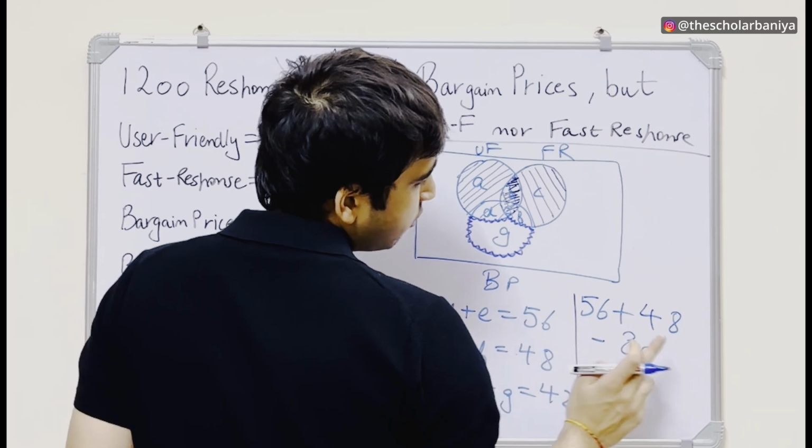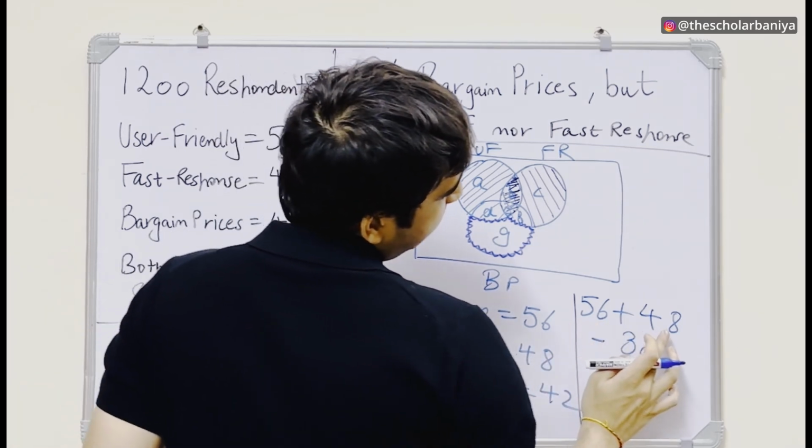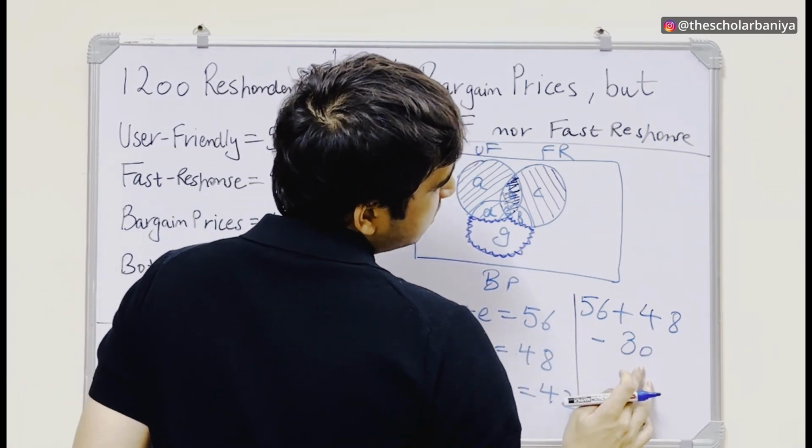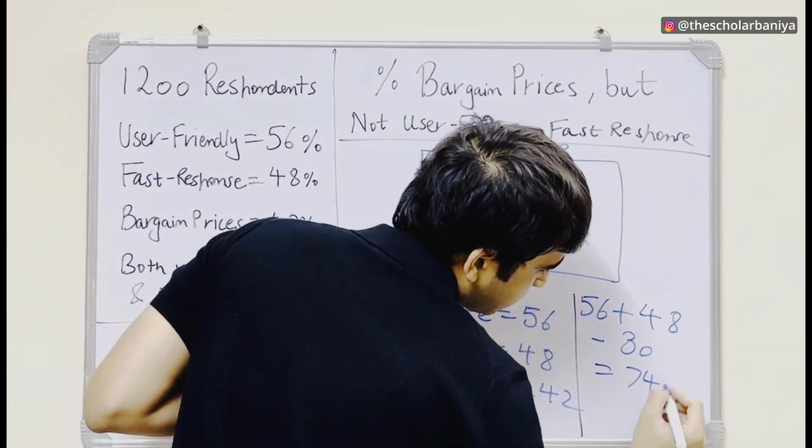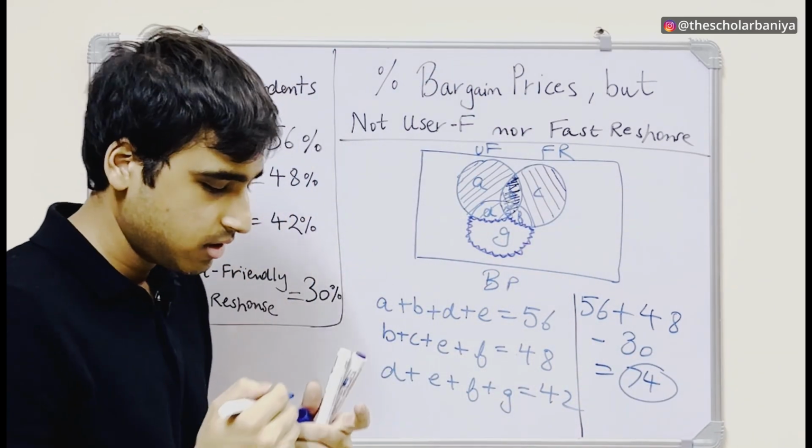So 56 plus 48 is 104. 104 minus 30 is 74.